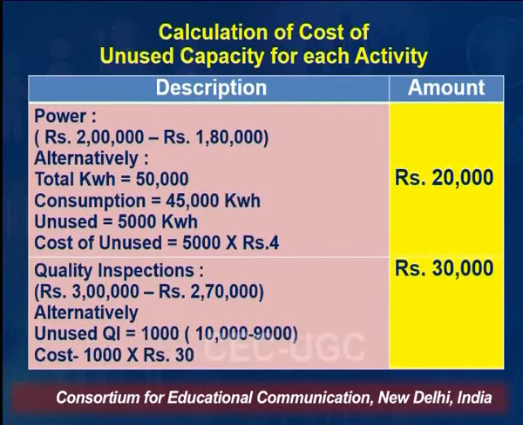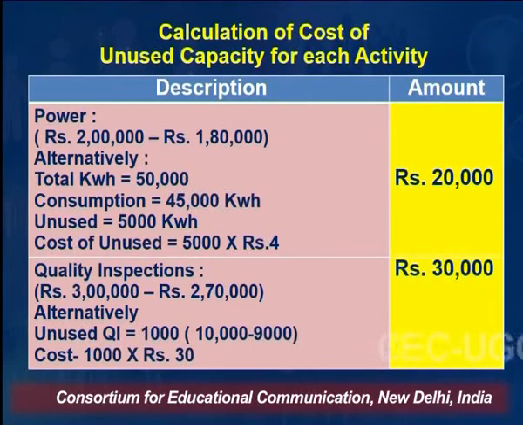Either you take the total amount on the basis of your total capacity and actual usage, and the difference of these two tells us the unused capacity, and the same can be computed for quality inspection. 3 lakh rupees was the total cost on the basis of total capacity, and 2,70,000 is the actual cost.